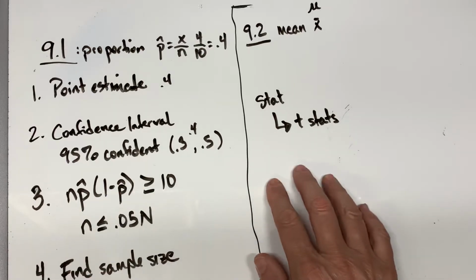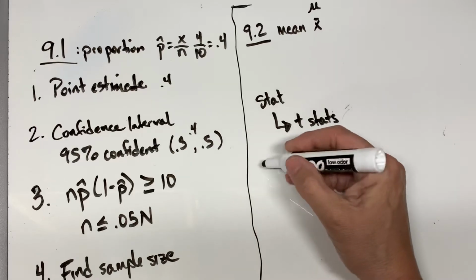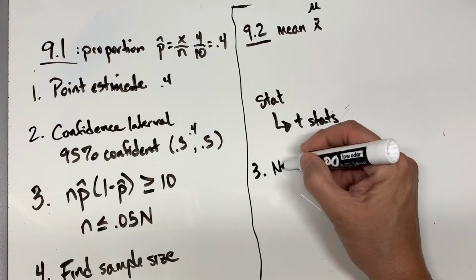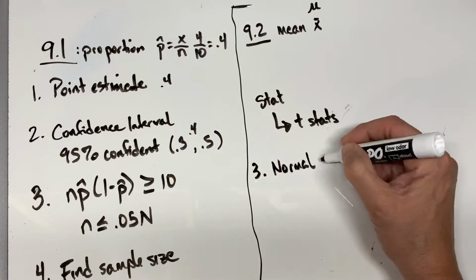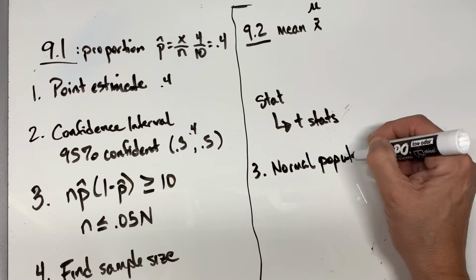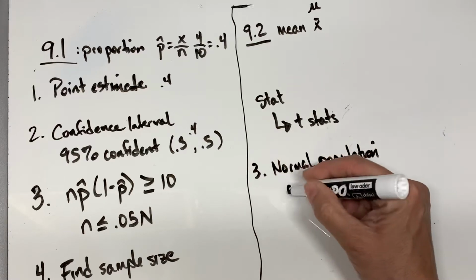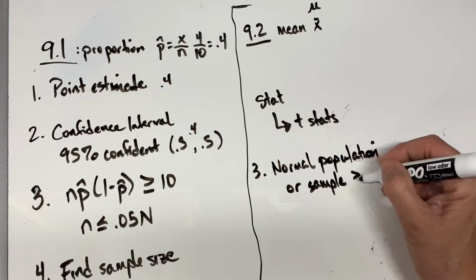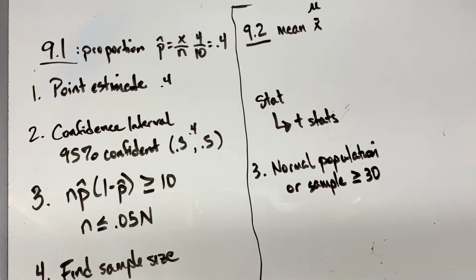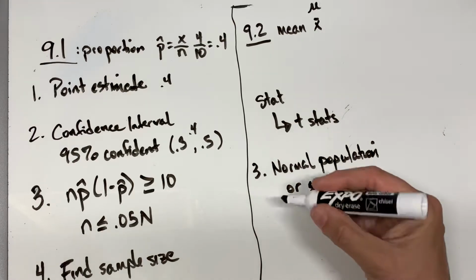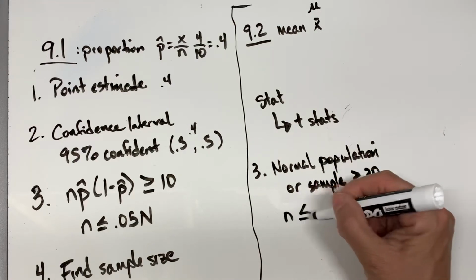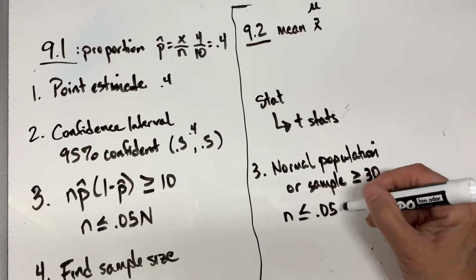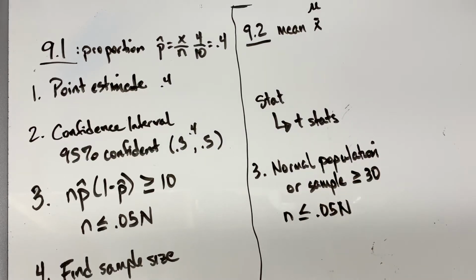So the qualifier for 9.2 would be it either came from a normal population, or, and this should sound familiar, or the sample is big enough, and they're going to basically say 30 should suffice in most cases, okay? And then this part is the same. The sample size has to be less than or equal to 5% of the population size, okay?